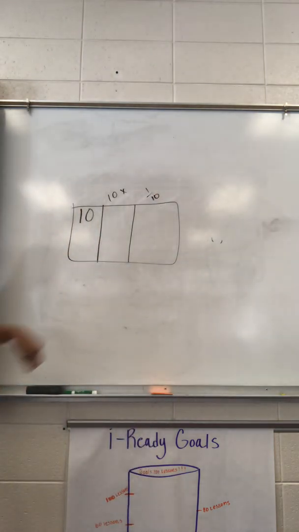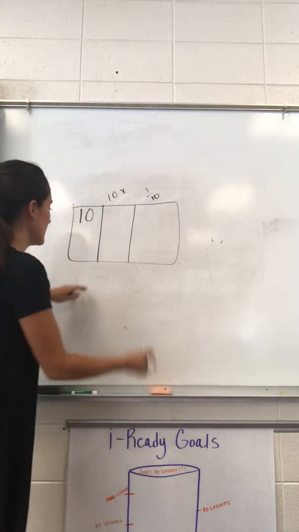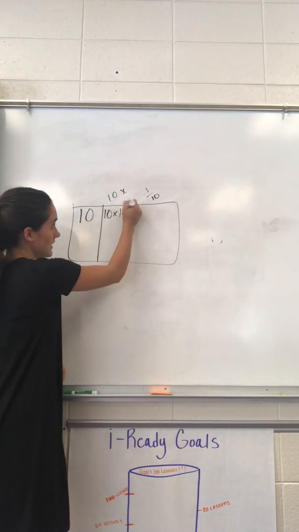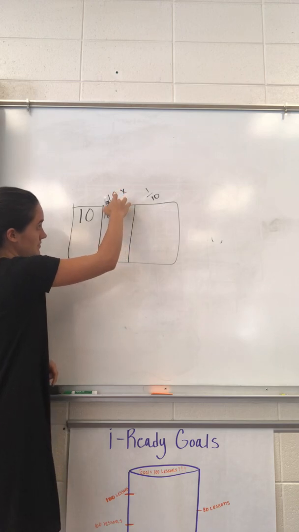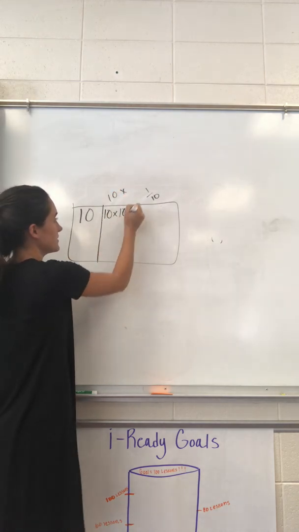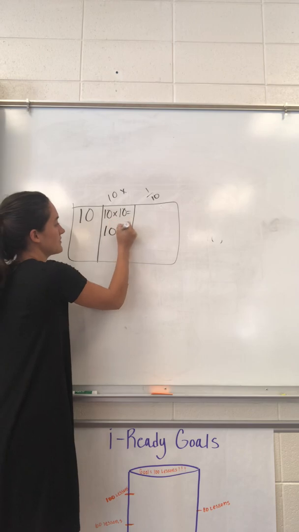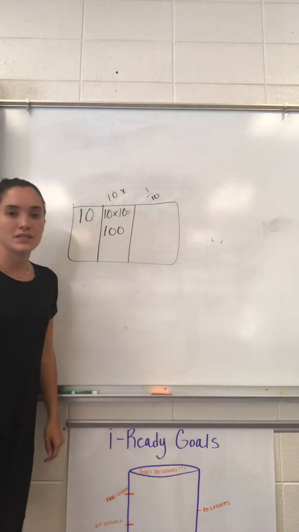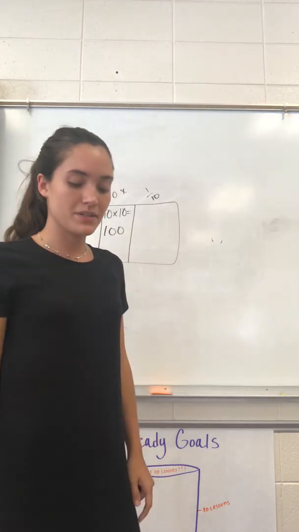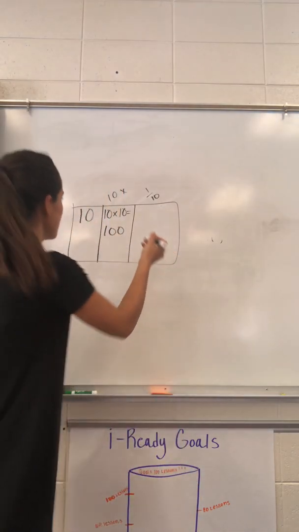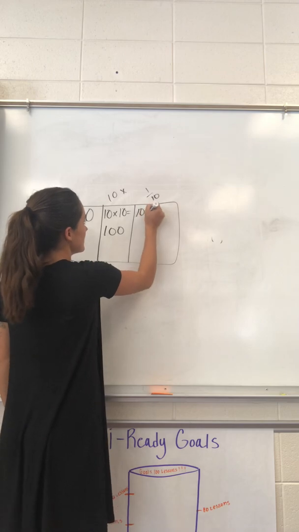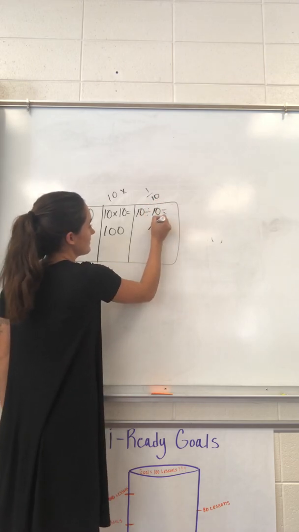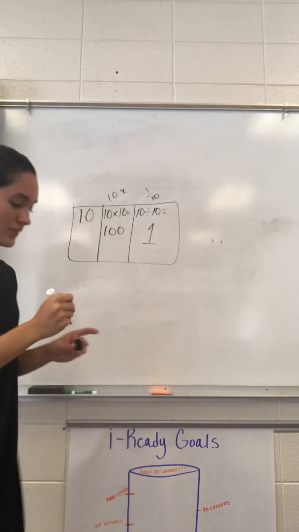For this first section, you're just going to do 10 times 10, because we're doing 10 times. That's going to give us 100. And for this one, I said that 1/10 of a number is like dividing that number by 10. So we're going to do 10 divided by 10, which is going to give me 1.